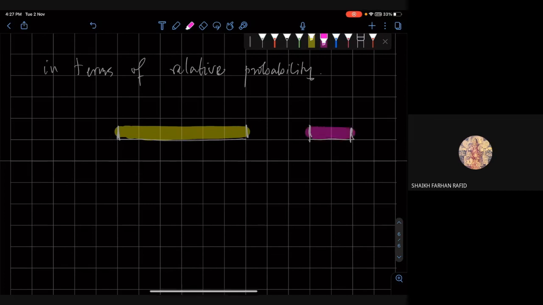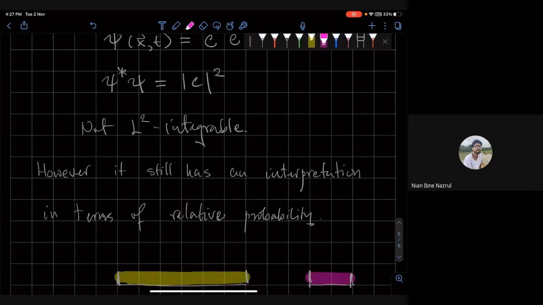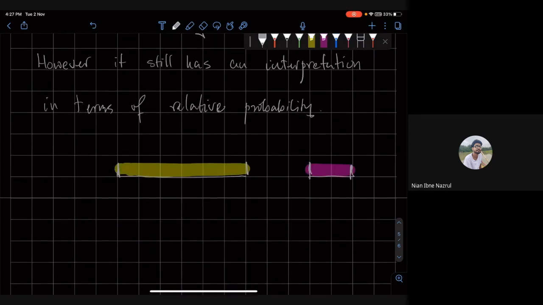What do you think? So this is the probability density, c squared.